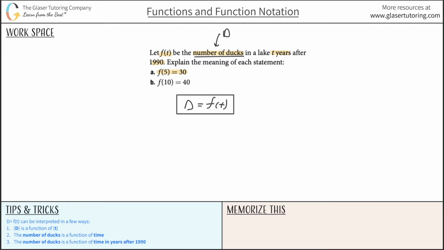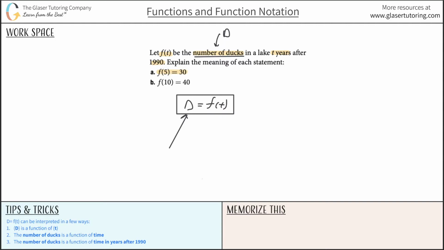So I can say that the number of ducks on a lake is a function of time. Then I can add richer context, because they gave me a little more information. That's the third interpretation: the number of ducks, D, is a function of time in years after 1990.